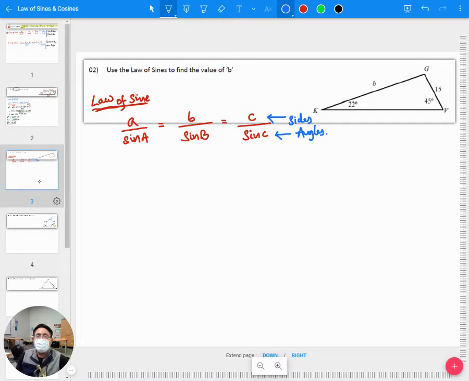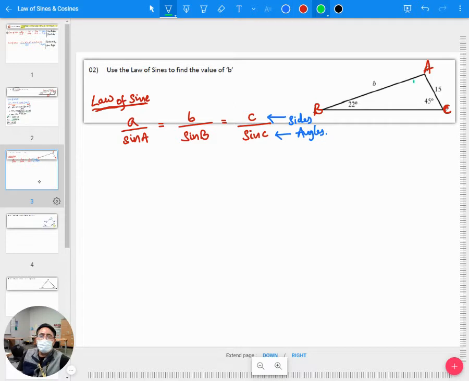Therefore, here, to avoid the confusion, let me label the sides opposite to the angles as a, b, c. That gives me a clear-cut idea what to do.